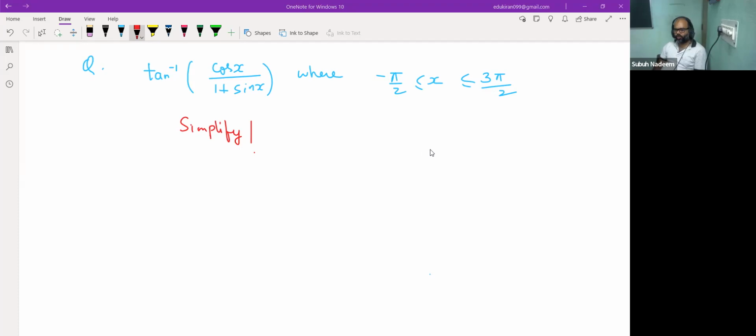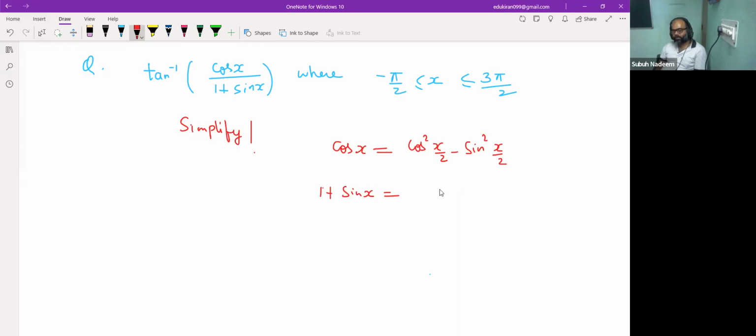By using trigonometric identities first, I can give you a hint: you can write cos x as cos square x by 2 minus sin square x by 2.